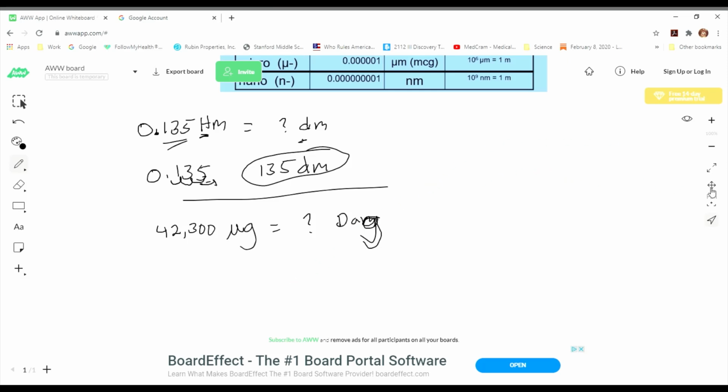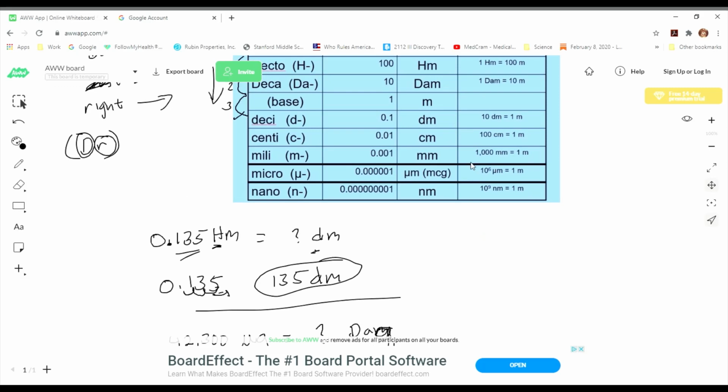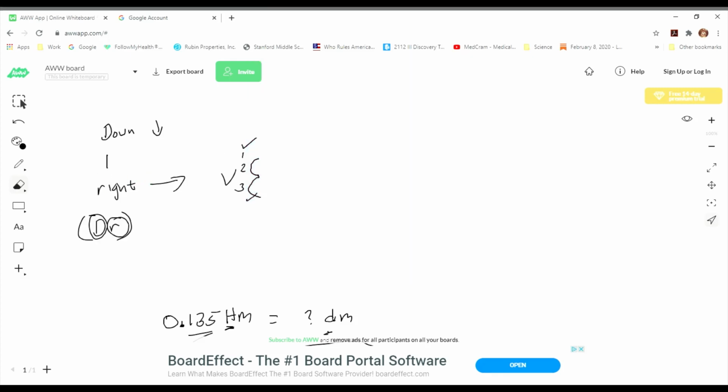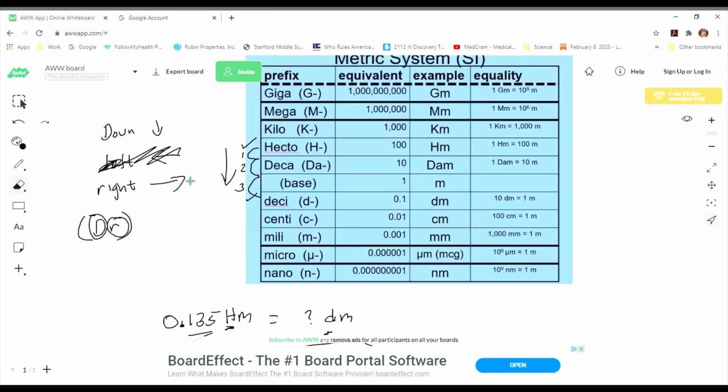In order to do this one, let me go back over here, and I think I'll erase a lot of this stuff here.